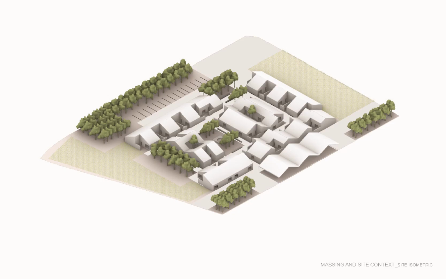This slide provides a more detailed, zoomed-in view of the massing and site plan. By focusing on specific areas, we can better understand how individual units and communal spaces are integrated within the overall design.